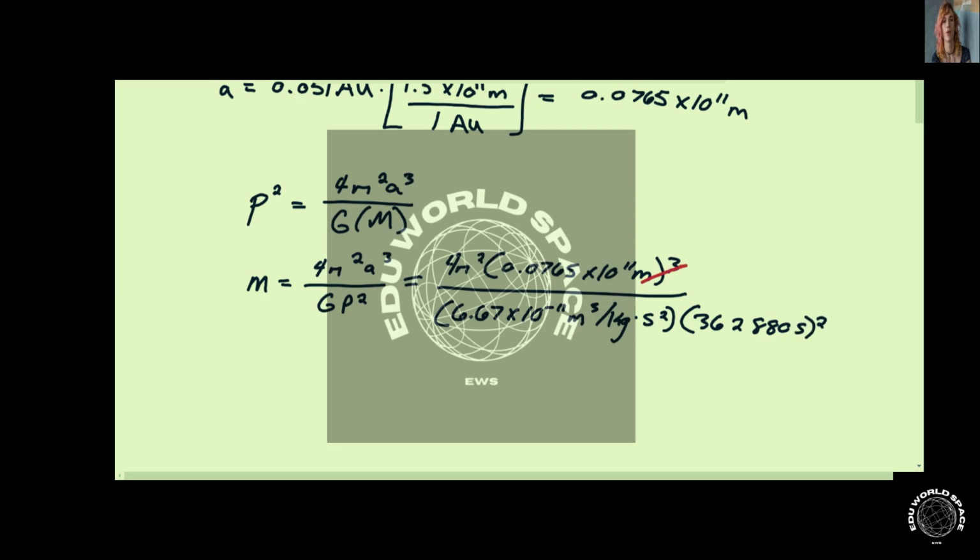You can go through and cancel these if you so desire. And then if you put that all into your calculator, you get 2.01 times 10 to the 30 kilograms.